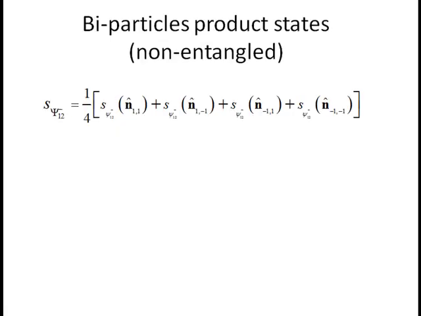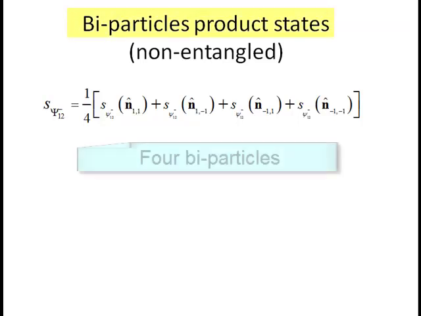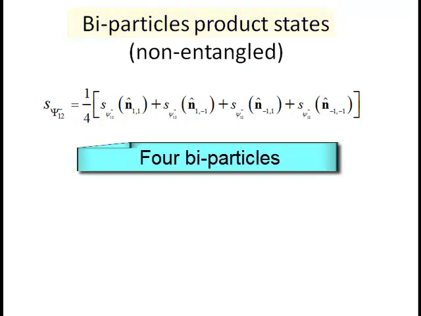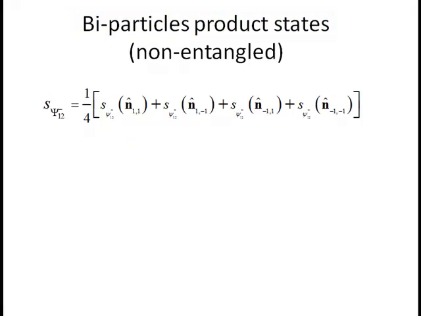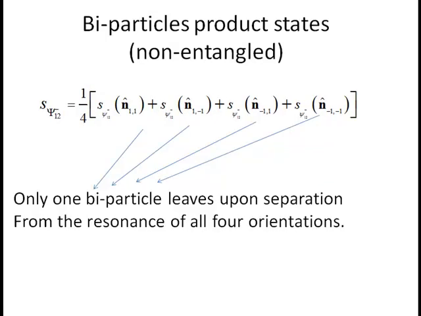I write each of the 4 product states as single terms called biparticles. That is, each row in the last slide is written as one of the 4 possible Hermitian states, and these are the biparticles. Now, it is fundamentally important to the theory that when 2 particles in a bound singlet state separate, they can only decompose into one of the 4 biparticles.